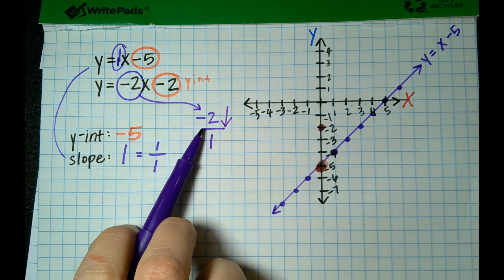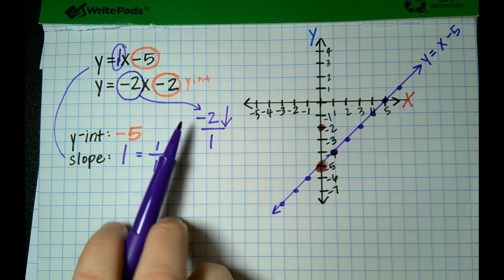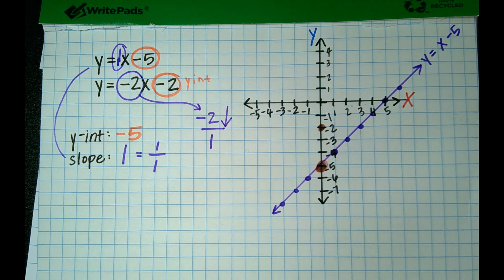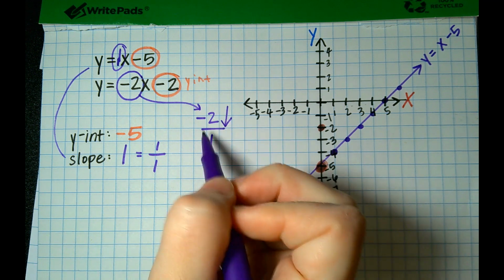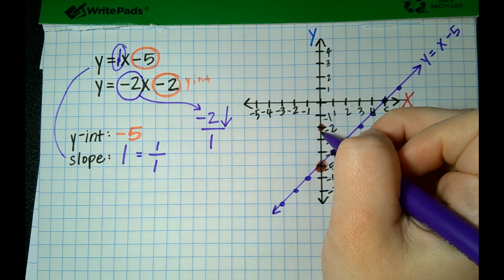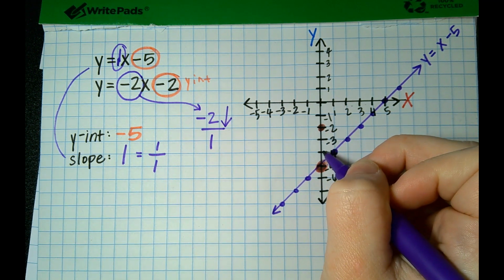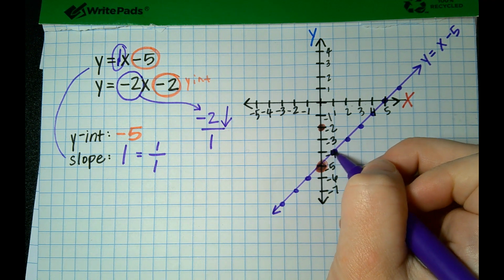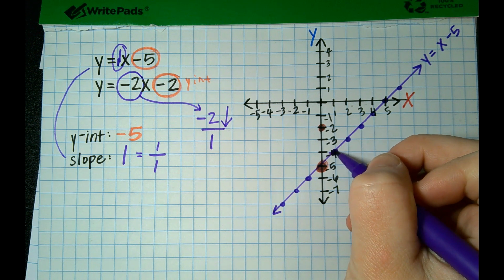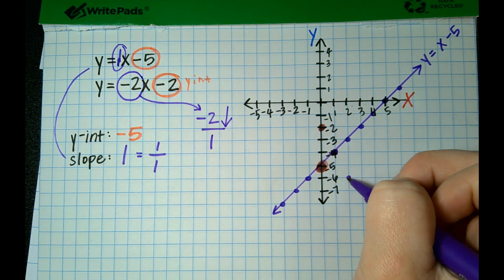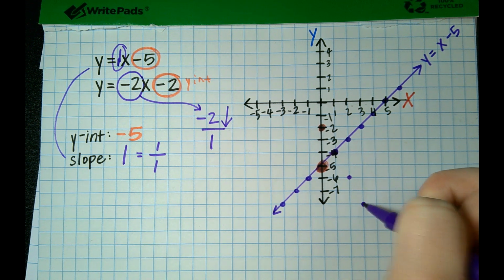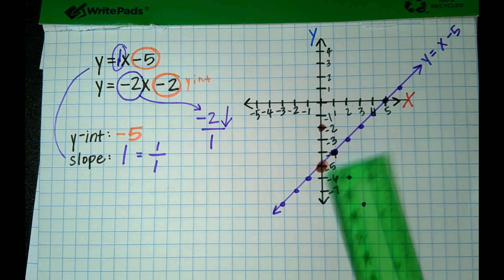So my rise is -2. When I have a negative rise, I'm going down, not up. So I'm going to go down 1, 2, and then what's my run? 1. So I go over 1. Oh, there it is. That's going to be my intersection. I'm going to just repeat that, down 2 over 1, down 2 over 1, and I'll connect my dots.